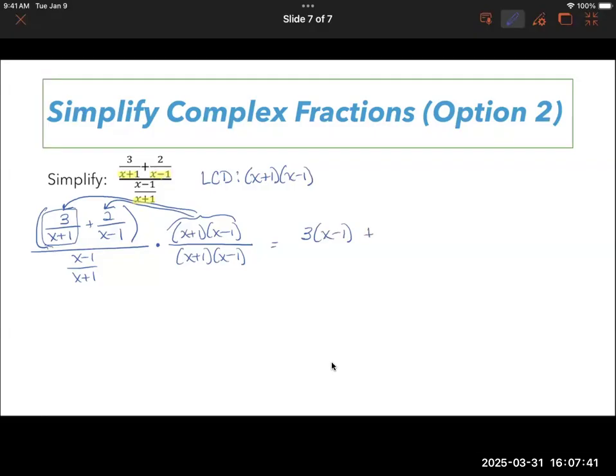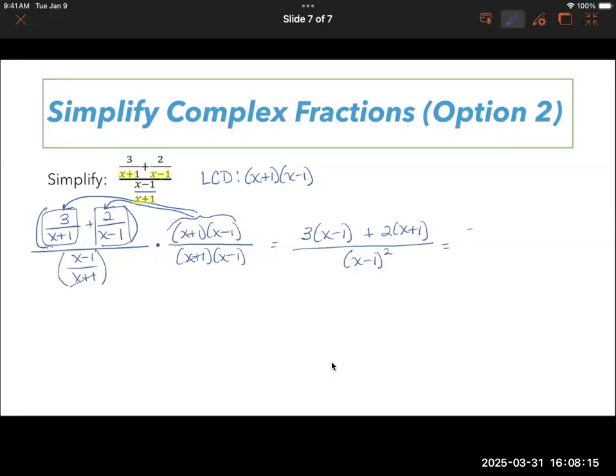When I take x plus 1, x minus 1 and distribute it to the 2 over x minus 1, now the x minus 1s cancel out, and I'm left with 2 times x plus 1. Now in the denominator, it's just a single term being multiplied. So all I have to really do here is just cancel the x plus 1s, and I'm left with that x minus 1 times itself, which is going to be squared.